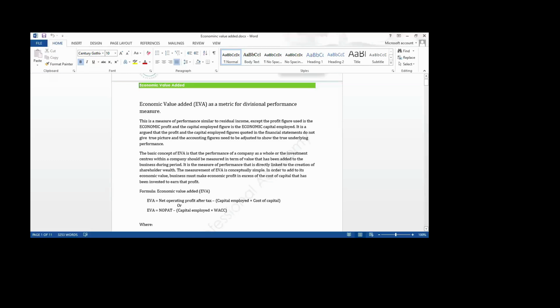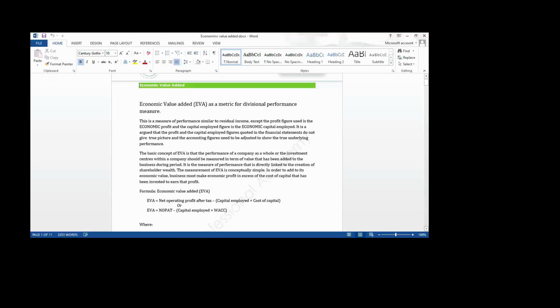Also, when you prepare accounting profits, at times we make provision for doubtful debt. This provision is in line with accounting principle, accounting assumption.